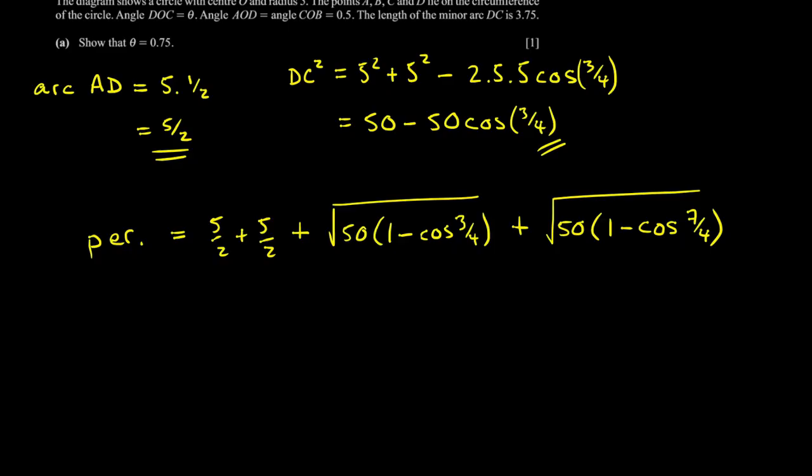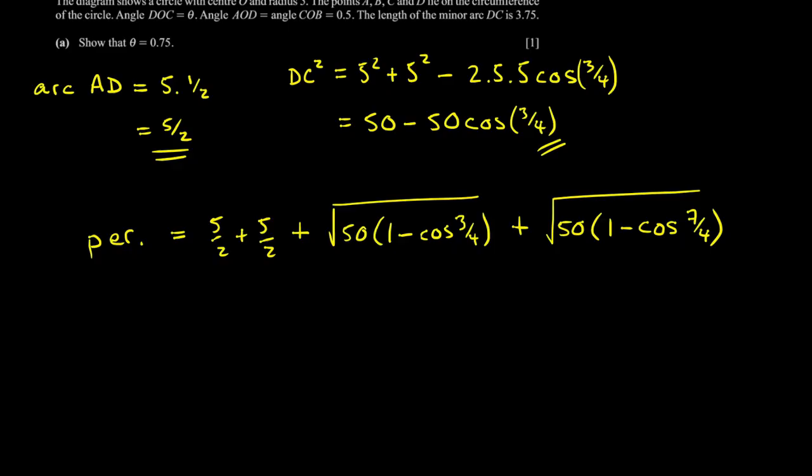Now we're going to add on to that the square root of 50 bracket 1 minus cos 7 quarters, which is 1.75, close bracket. I hope I've got all that right. Let's make that equals, bam.